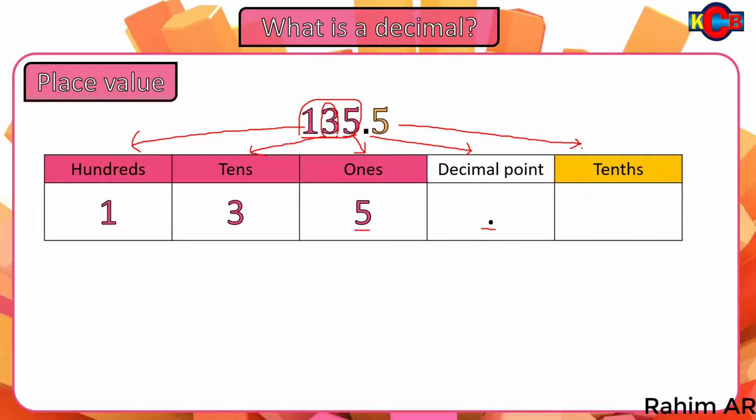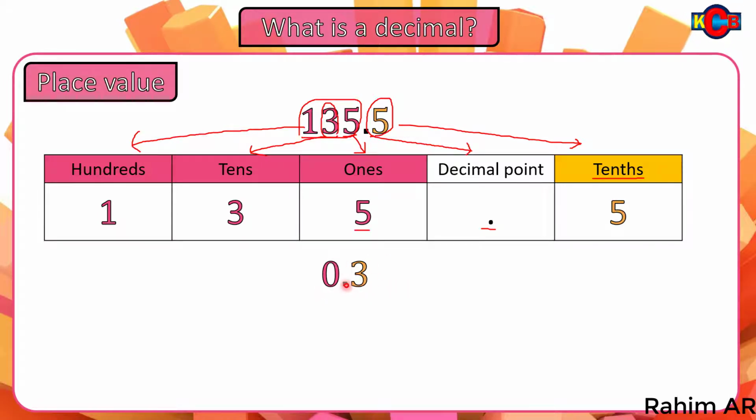The place value here is tenths. So the place value for 5 here is tenths. Now, can you try the next example?